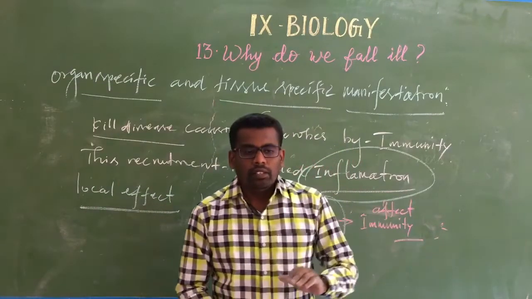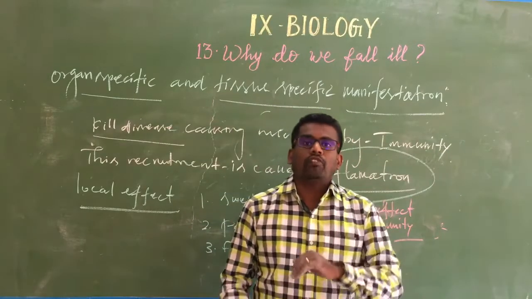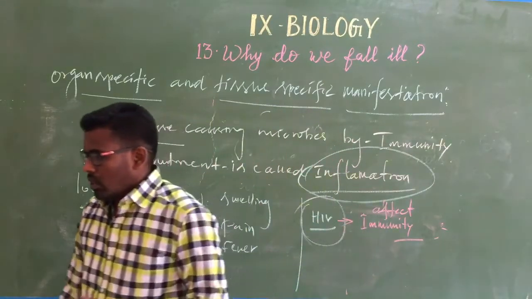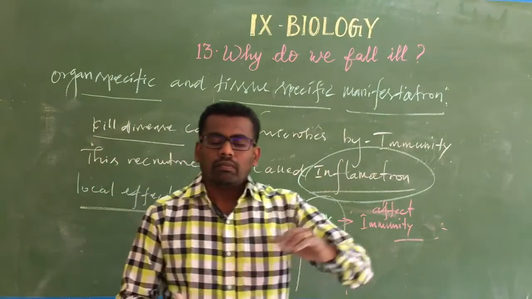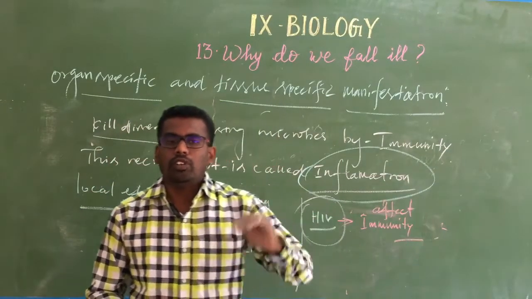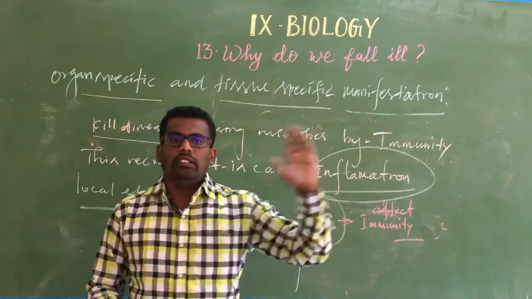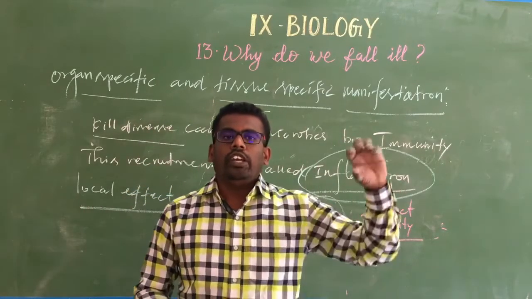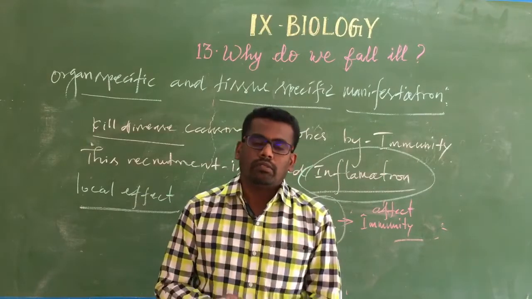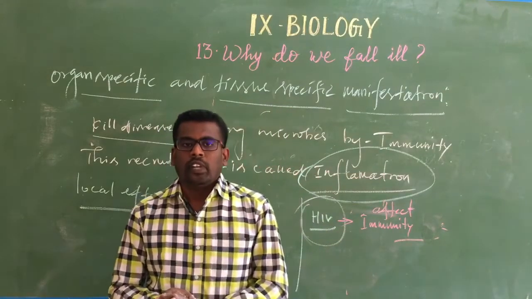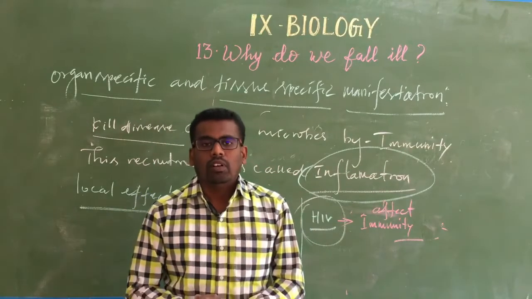Okay, again, what we discussed today, just to recall: means of spread. We discussed how a disease spreads from an infected person to a healthy person. Through air it is spread. If it spreads through air, that is called airborne disease, for example common cold and pneumonia.